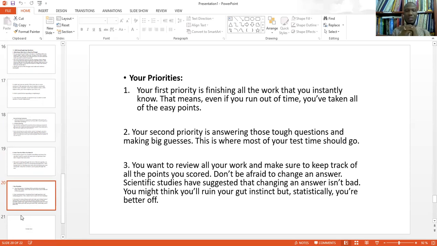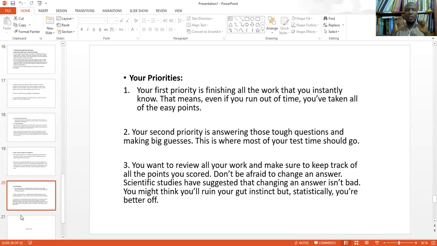Your second priority is answering those tough questions and making big guesses. This is where most of your test time should go. Number three, you want to review all your work and make sure to keep track of all the points you scored.